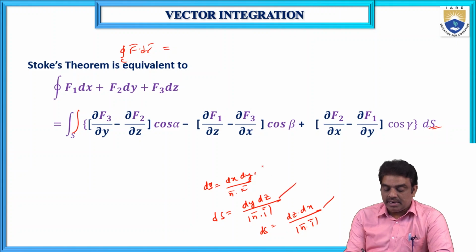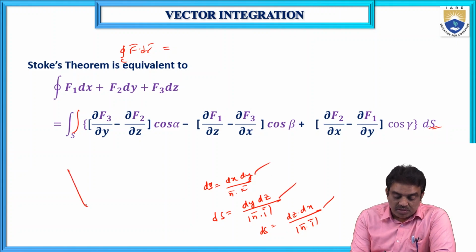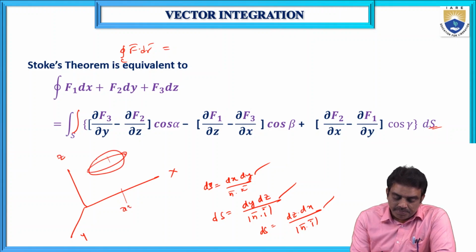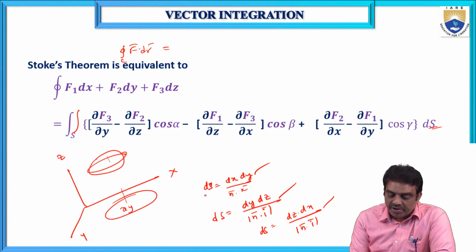So these are the three different forms based on the projection. Clearly this is the x axis, y axis, z axis. If you consider the projection on the xy plane, the shade will be like this, and the formula for area ds will be dx into dy by the magnitude of n bar dot k bar.